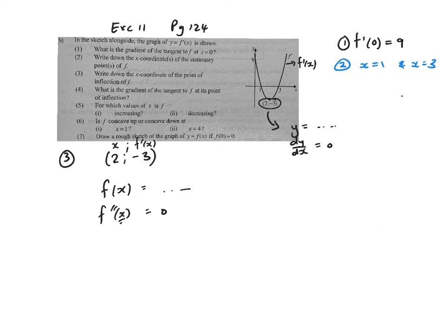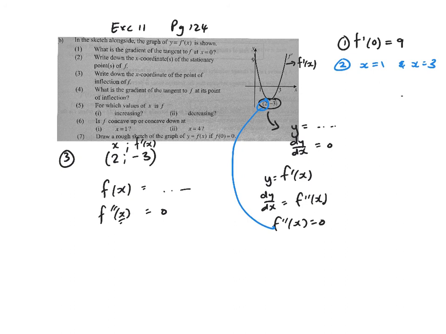But now the issue is our function is already in derivative form, so that's our normal y. So what you're now going to do is find the derivative of that part, which means that is the second derivative, and you're going to let that equal 0. Okay, good. And what does that mean then? What is the x value of the stationary point? That x value is going to be equal to 2.